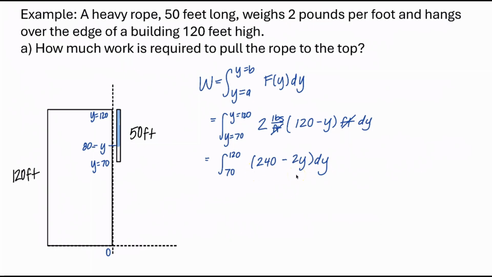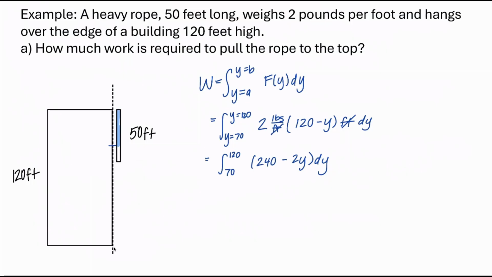But I actually want to give us another way to set this up. We chose originally to put our origin on the ground level. What we could have done instead is put our horizontal axis at the bottom of the rope.